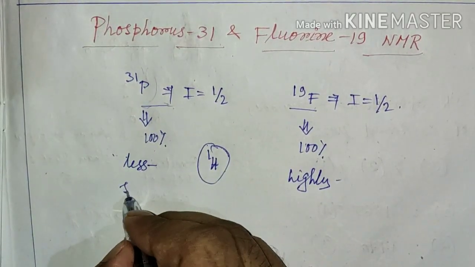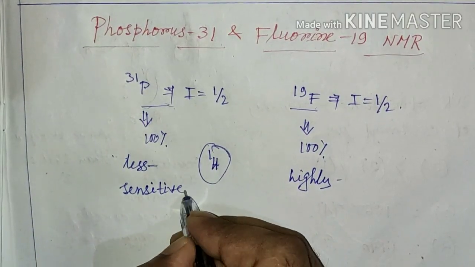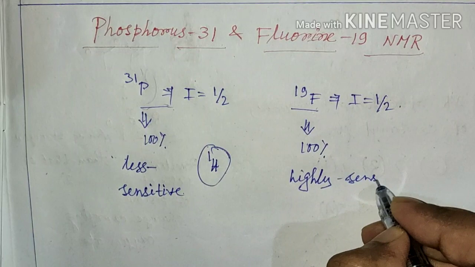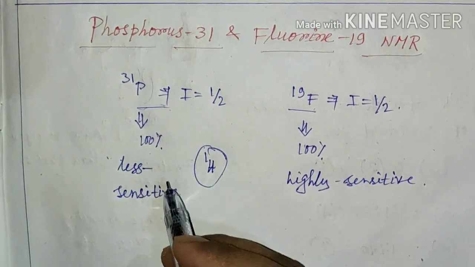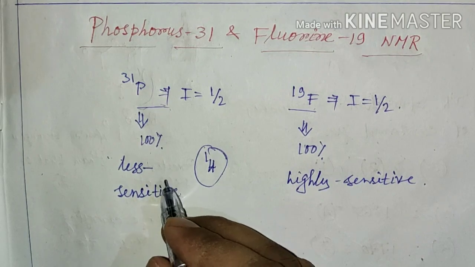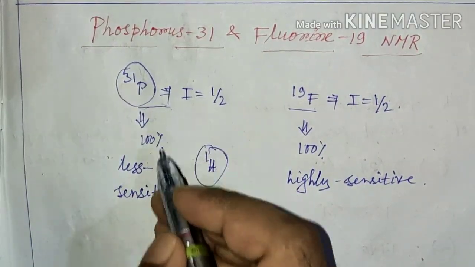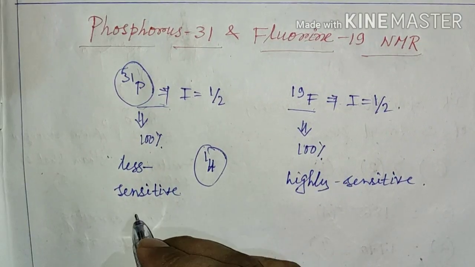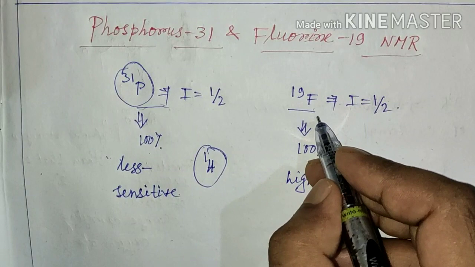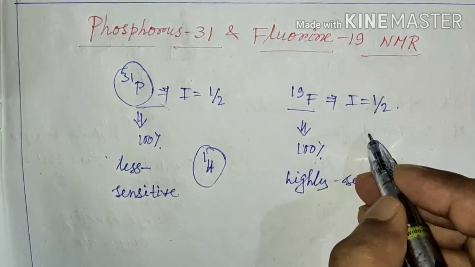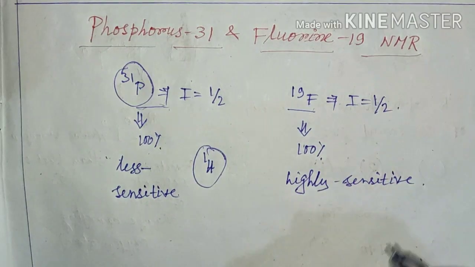This 31P NMR is mainly done to understand the presence of the phosphorus nucleus within a compound, that is any organic compound or inorganic metal complex, and F19 NMR is performed to identify the presence of the fluorine nucleus within the organic compound.